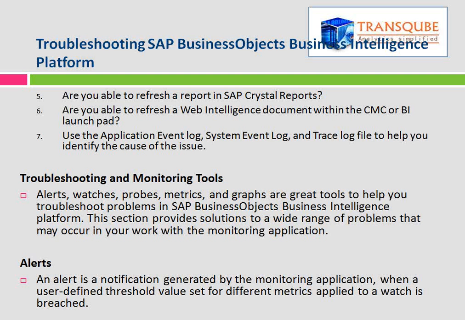Okay, there are a couple of things that allow us to look at the troubleshooting and monitoring aspects. You can use alerts, watches, probes, and metrics, which typically give us all of this information. And eventually, you can also define a monitoring application as we talked about. Using the monitoring application, you can create a monitoring dashboard, in which you can assign the corresponding job services and system services that you want to manage.